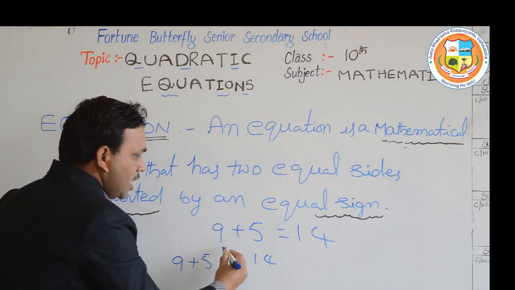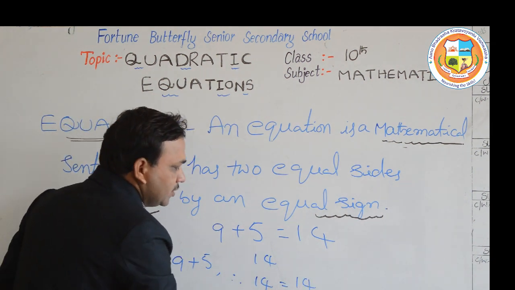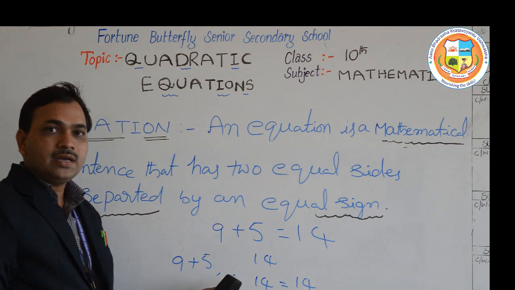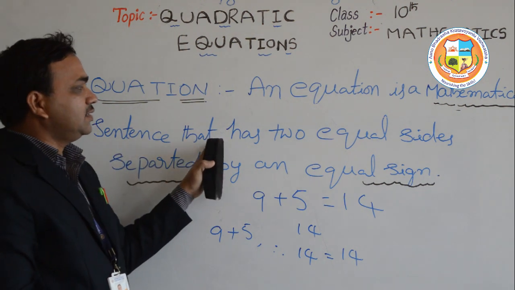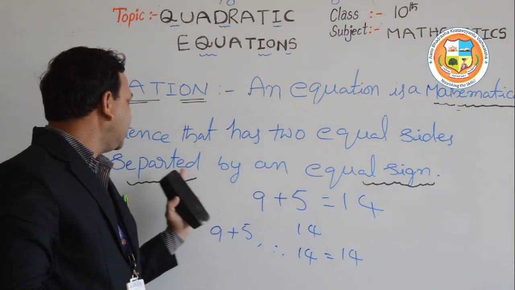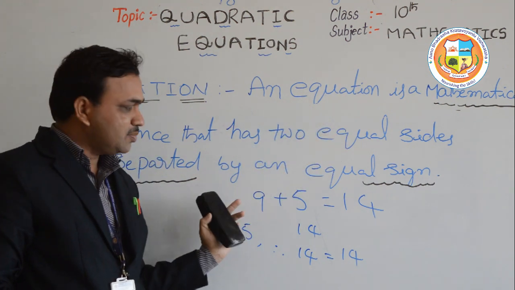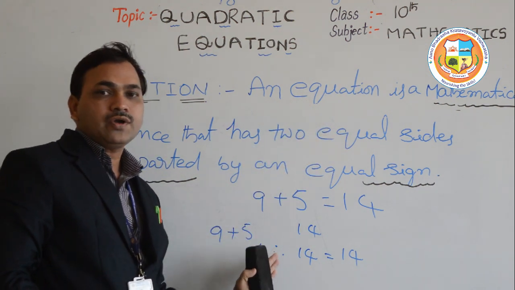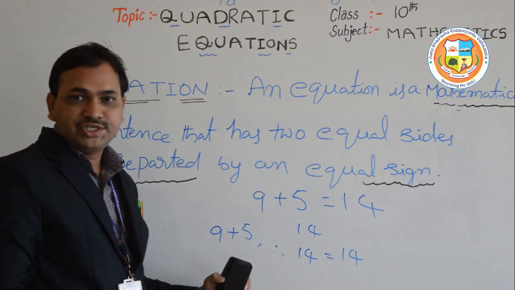Therefore 9 plus 5, 14 is equal to 14. So what do you understand? We can conclude that an equation is a mathematical sentence that has two equal sides separated by an equal sign. If the left hand side is equal to the right hand side, it is called an equation.